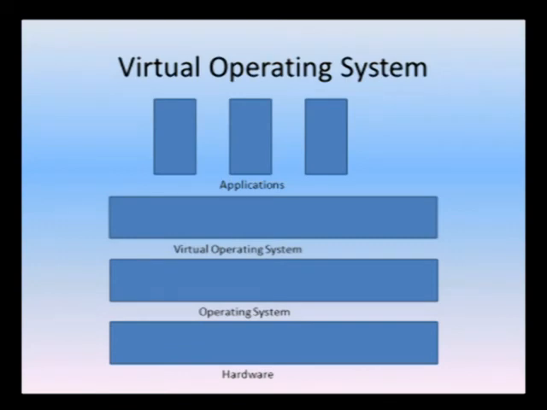Now, it's possible for there to be virtual operating systems. In this case, there is an operating system that runs on the hardware, but then there is another operating system running above the operating system that runs on the hardware, and the applications talk to the virtual operating system that talks to the operating system that talks to the hardware.